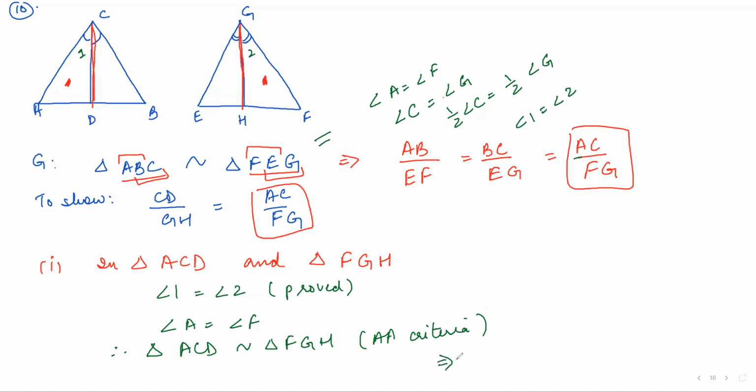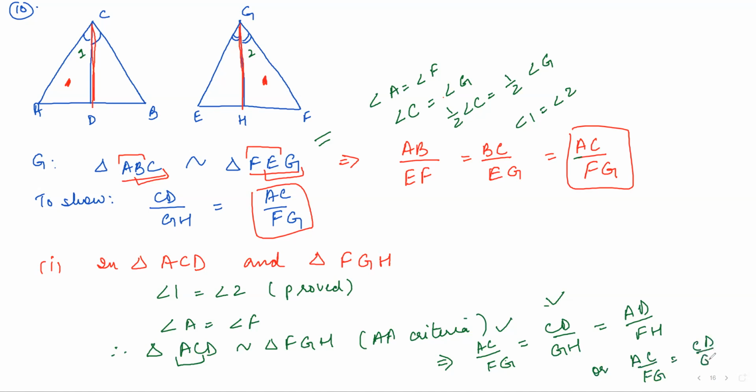So AC upon FG is equal to CD upon GH is equal to AD upon FH, right? And you only need this much. CD by GH, that means this term and this term. Or you can say that AC by FG is equal to CD by GH, correct? Yes, ma'am. Okay.